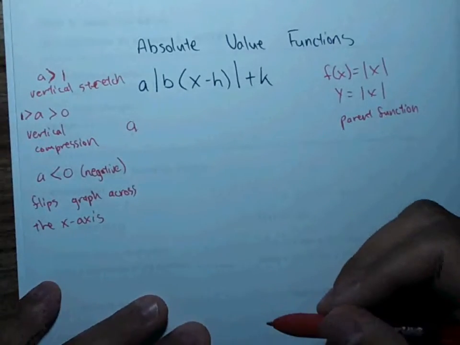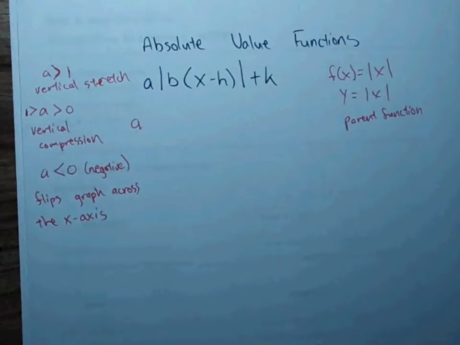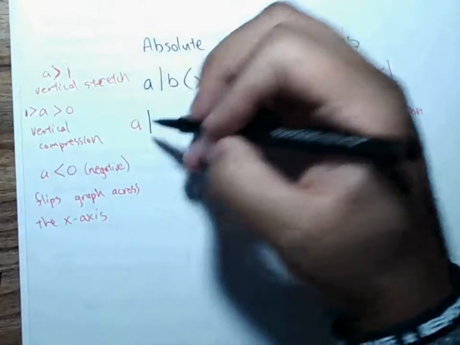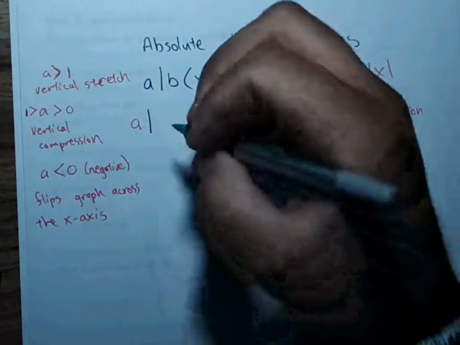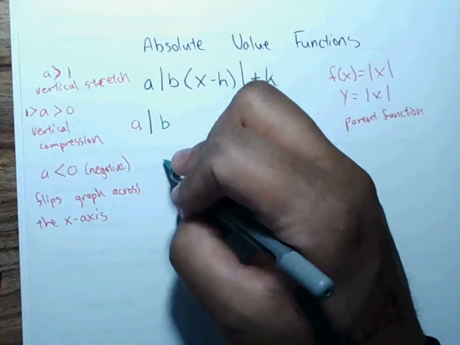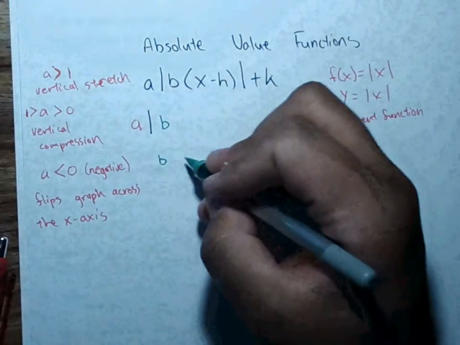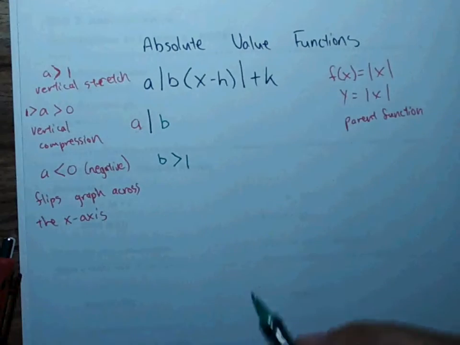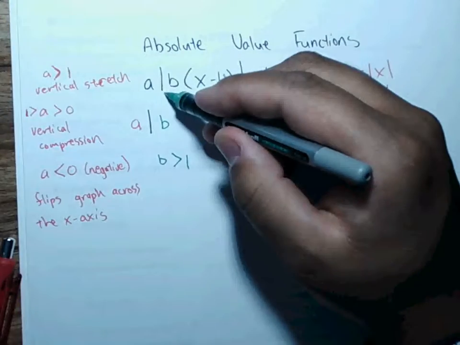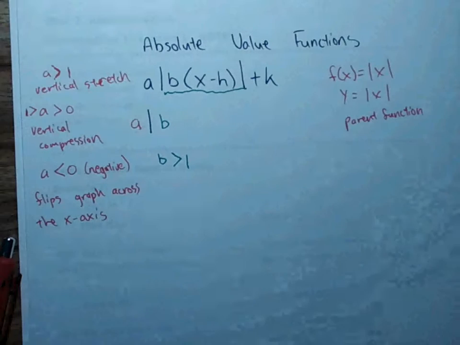All right, so now we'll move on to our next variable, which is b. I'm going to try and do these in different colors so you all can see the difference. So if we look at b, if b is greater than 1, and I like to think of anything that falls inside the absolute value symbol as going to do the opposite of what we think it should do.